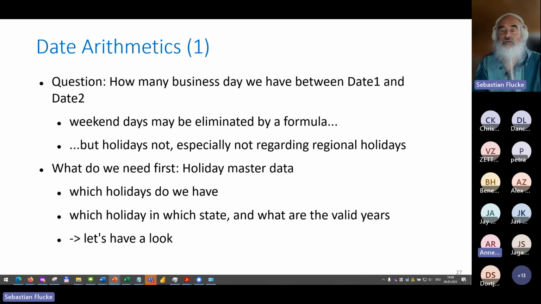If we have to eliminate weekend days, Sundays or Saturdays, that may be done by a more or less complex formula, something with modulo by 7 and things like that.